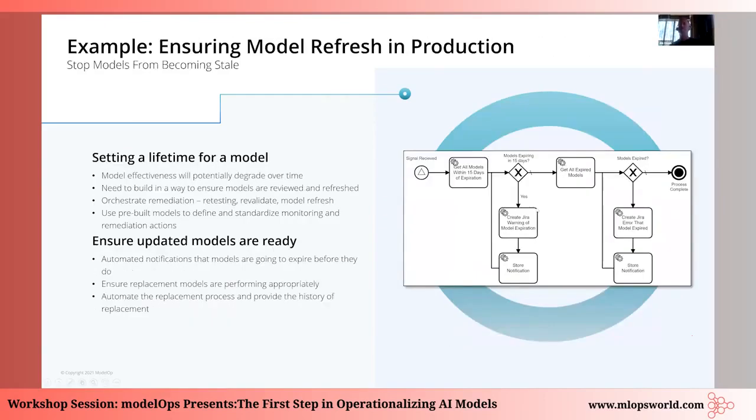And then finally, for model life cycles, we're going to look at ensuring that models are refreshed within production. So we're going to set a lifetime for a model. Now we're going to use an artificially low number of 30 days for us.